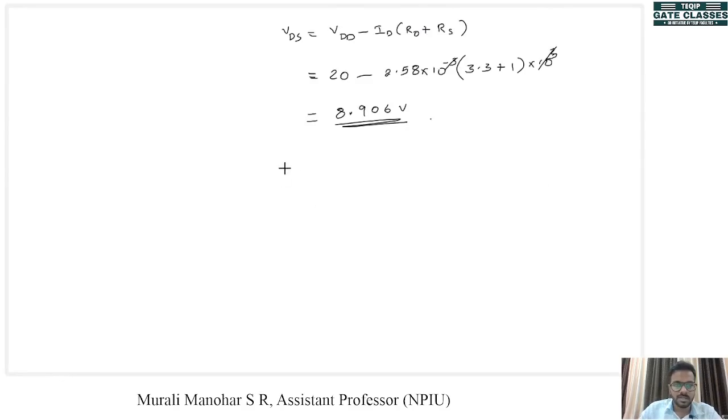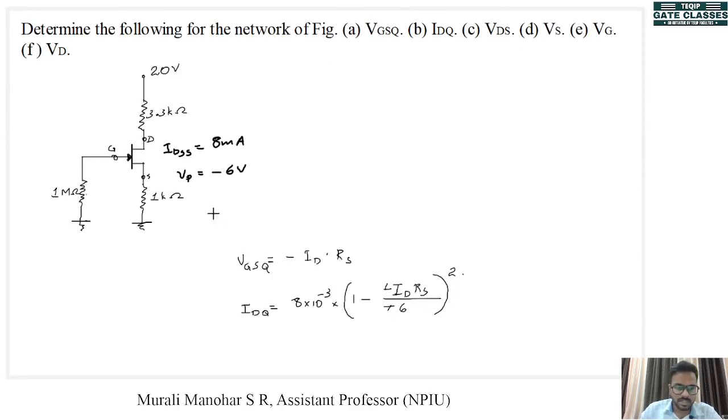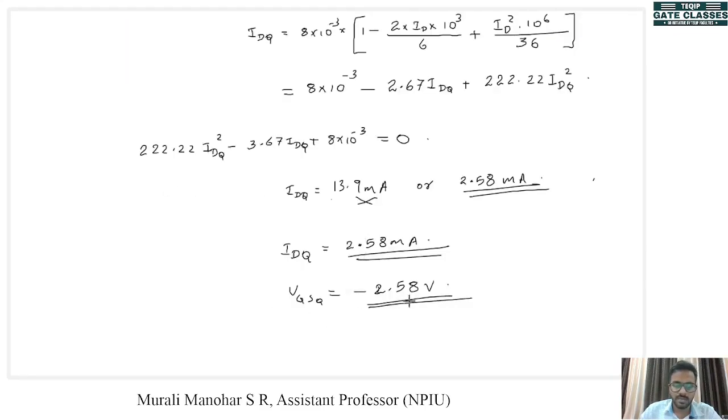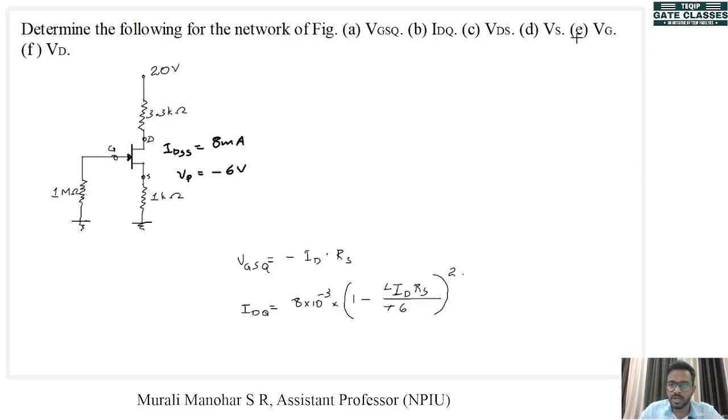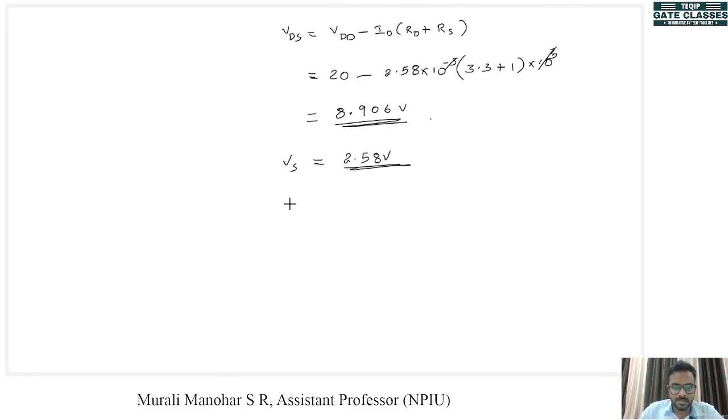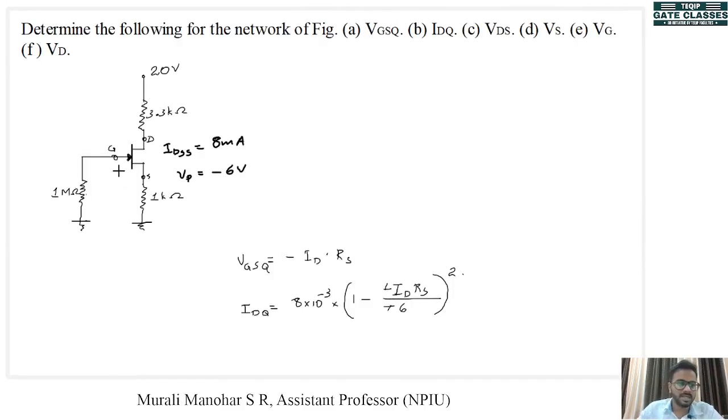Next thing is VS. VS is equal to the voltage drop across this 1 kilo ohm, and we know that value, that is ID into RS. So ID into RS is 2.58 volts. So VS is 2.58 volts. Now the next quantity is VG. You can directly see that VG is directly connected to ground because this 1 mega ohm is appearing as a short circuit.